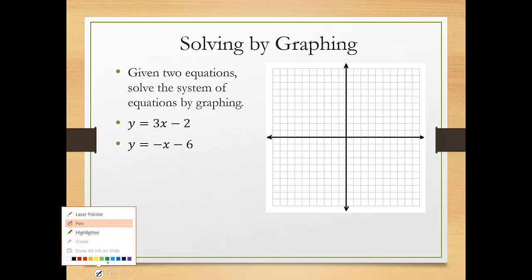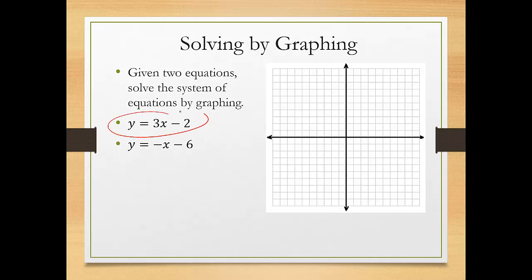Let's change the color to red. So here, we have y equals 3x minus 2. And our general equation for a linear equation is y equals mx plus b, where m is your slope and b is your y-intercept.